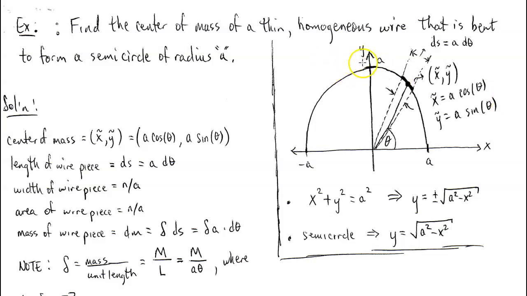And if we have a semicircle of radius a, then that tells us what our corresponding points on this circle are. What I've done here is, instead of using a sample strip, like a vertical or horizontal one, since we're technically dealing with a one-dimensional figure, we need to figure out a sample piece of our wire.